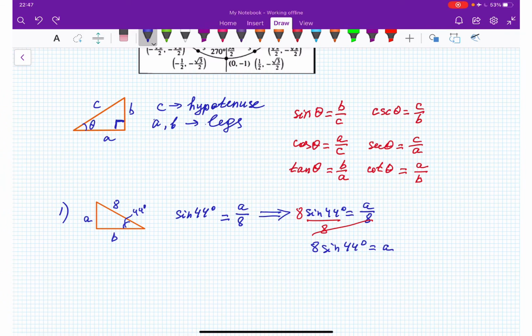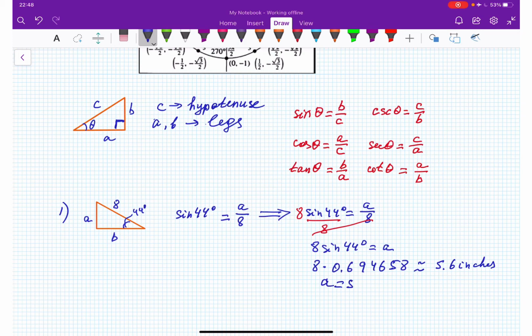So on an iPhone, let's say mine is an iPhone, in the calculator you punch 44 and then push sine, and you should get 8 times... It should give you 0.694658. So if you multiply and round it up to the first decimal, you should get 5.6 inches. So A is equal to 5.6 inches.